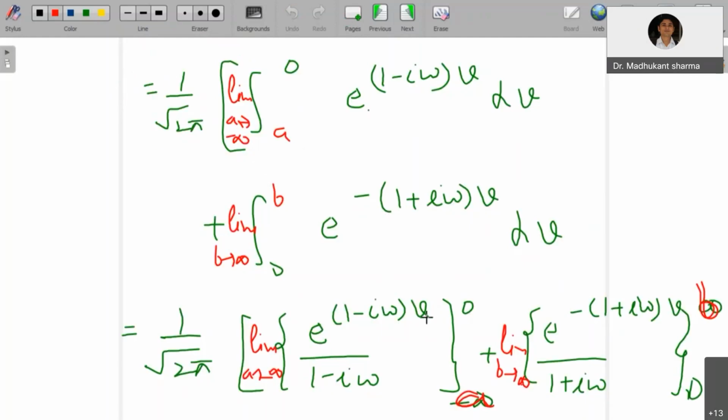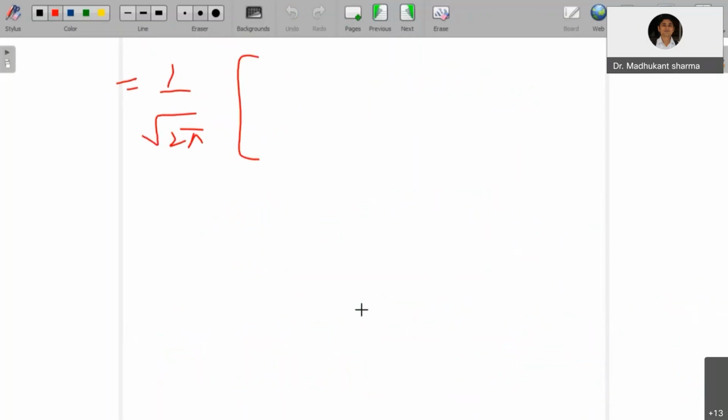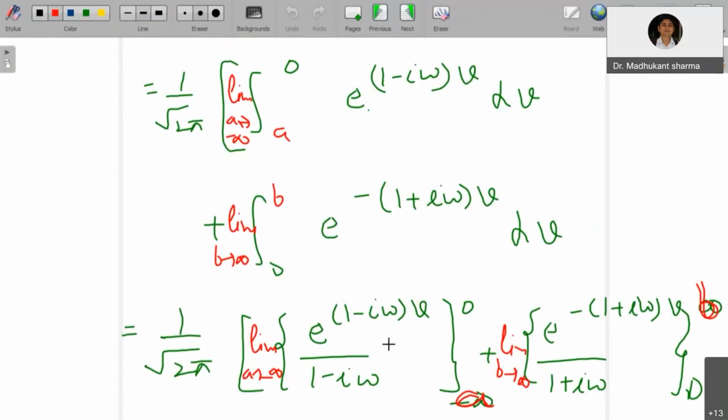Now 0 is equal to 0, so e power 0 is 1, 1 upon 1 minus iw, minus, if you apply the limit a tends to minus infinity, the second term is e to the power minus a times 1 minus iw.